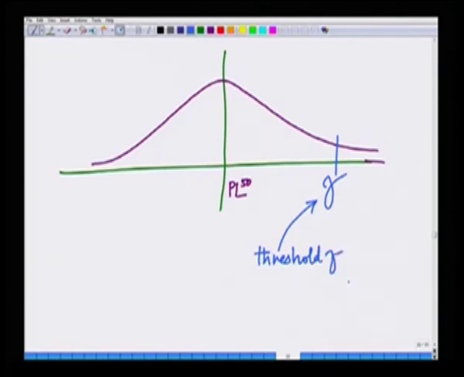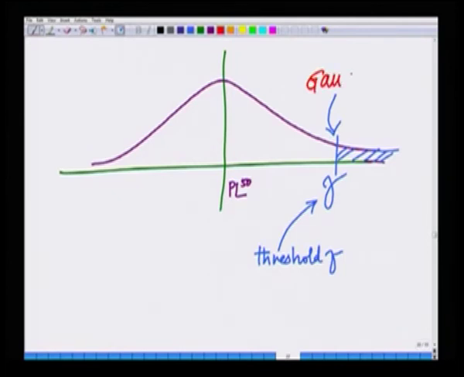The probability that the path loss is greater than this threshold gamma is nothing but the area under this curve, the Gaussian tail probability.